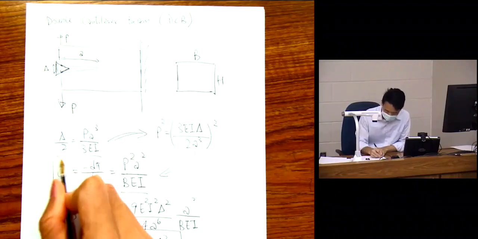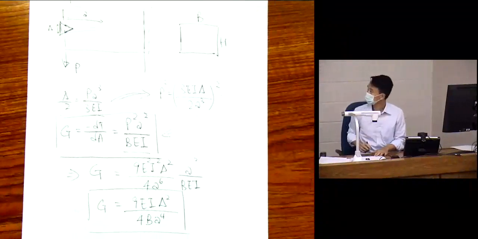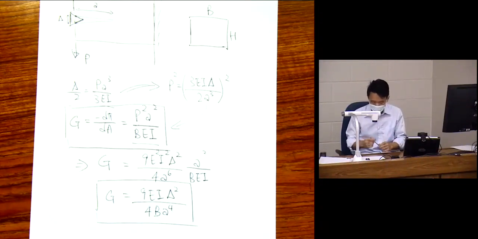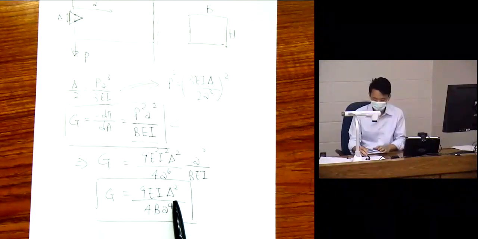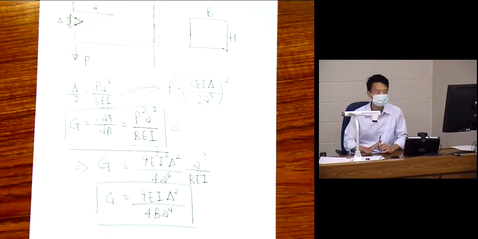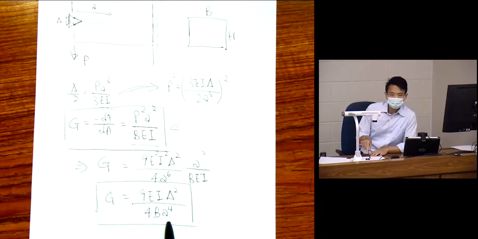So let me circle these two different results. Right, so nothing has changed. It's still the same double cantilever beam, but I'm loading it a different way. I'm loading it with delta, right? And this gives a completely opposite result because now G decreases with a. As a increases, which is the crack length, G reduces, right?